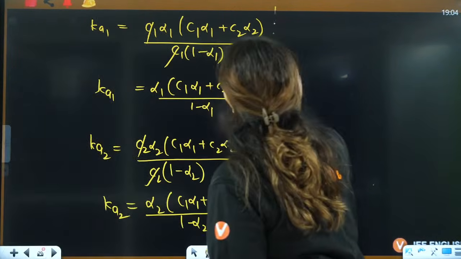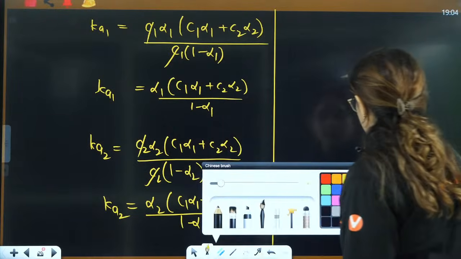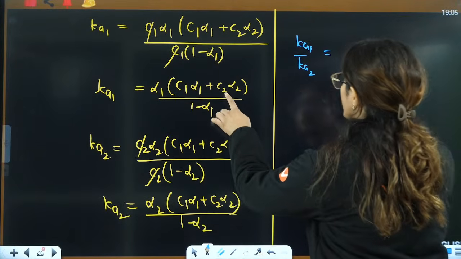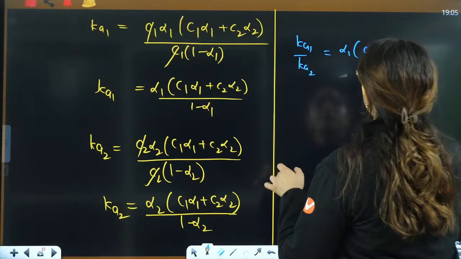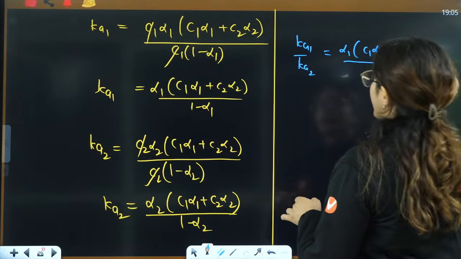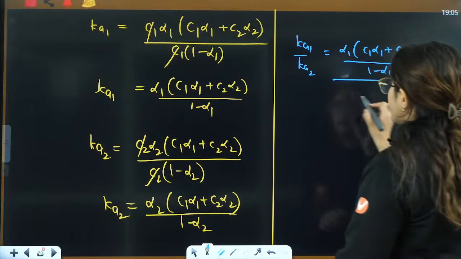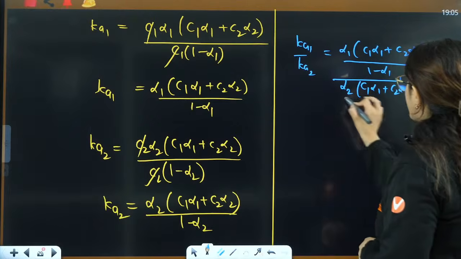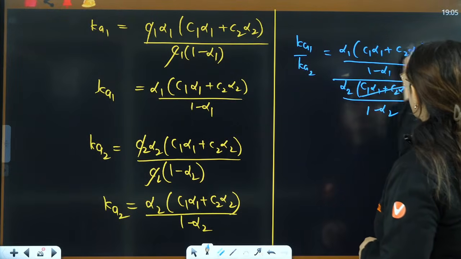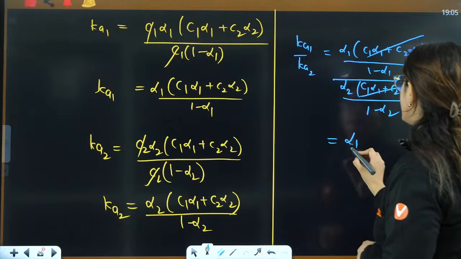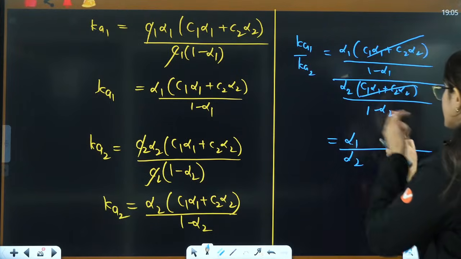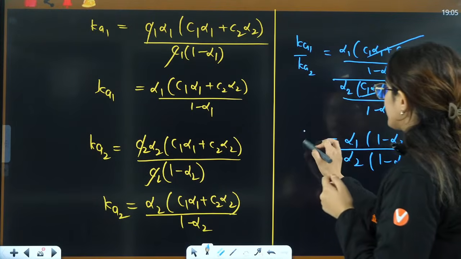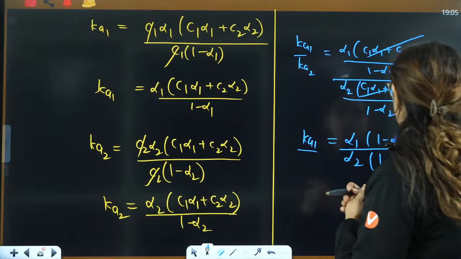Now, if they ask you to take the ratio of the dissociation constants of these two acids, this is going to be alpha 1 times C1 alpha 1 plus C2 alpha 2 divided by 1 minus alpha 1, divided by alpha 2 times C1 alpha 1 plus C2 alpha 2 divided by 1 minus alpha 2. This is going to cancel. This will be alpha 1 by alpha 2, this will be 1 minus alpha 2, this is 1 minus alpha 1, and that is going to be the ratio here.